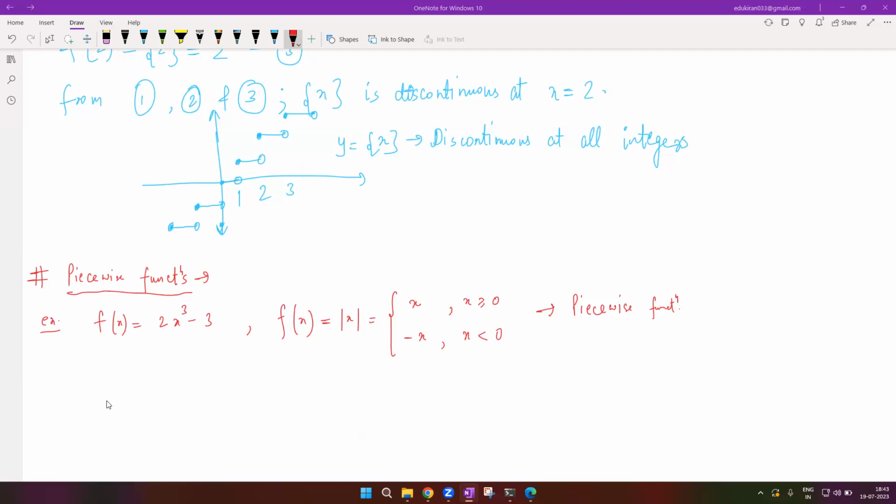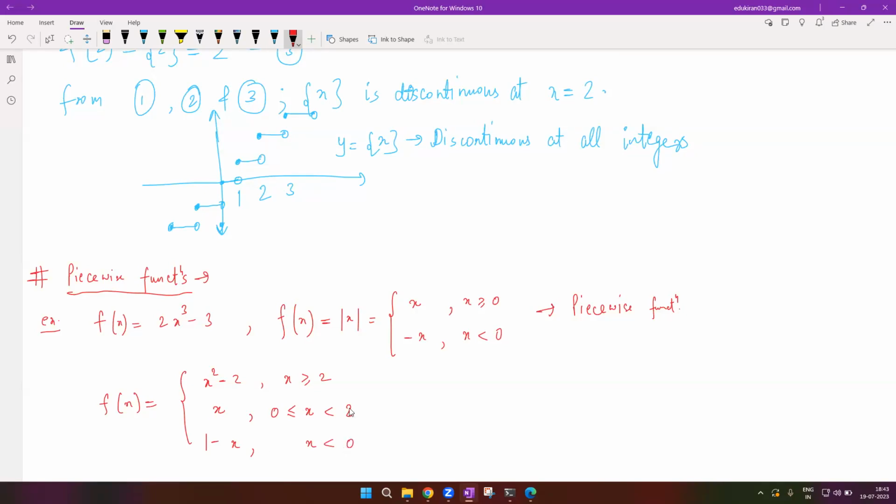Let's say I have defined my f(x) like this: x squared minus 2 when x is greater than or equal to 2, then x when x is less than or equal to 2 but greater than or equal to 0, and then 1 minus x when x is less than 0.